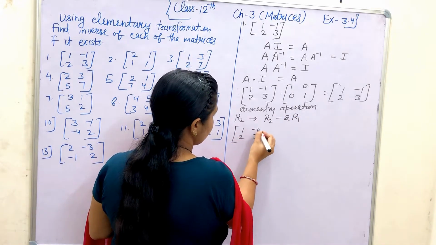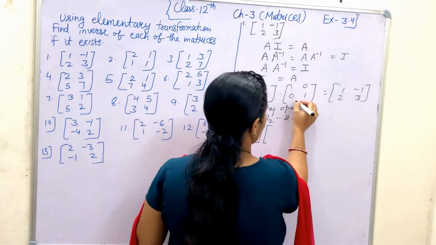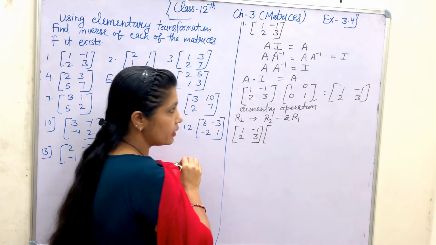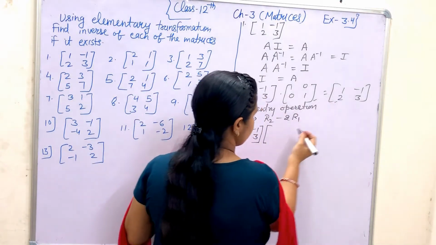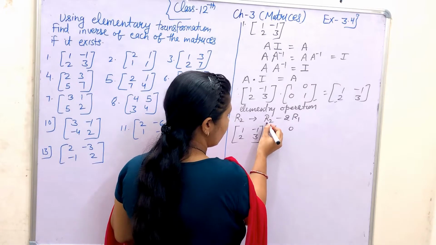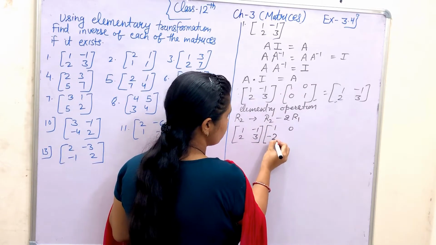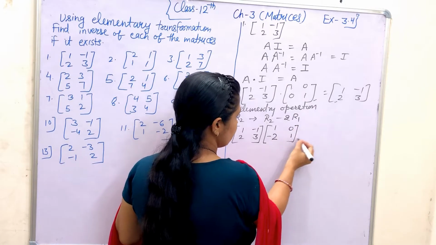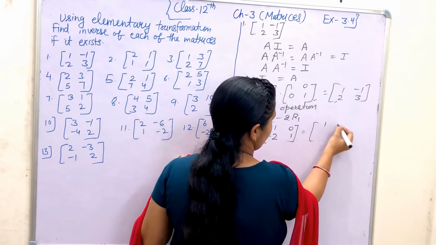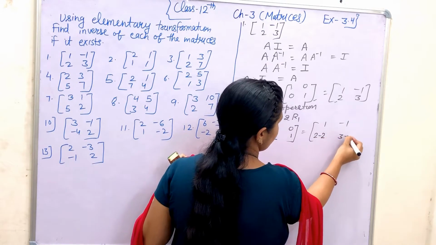We don't apply here on A. We will apply only on our identity and equal part. So we get here 1 0, R2 minus 2R1. 2R1 means minus 2 and 1. Here we get 1 minus 1, 2 minus 2, 3 plus 2.